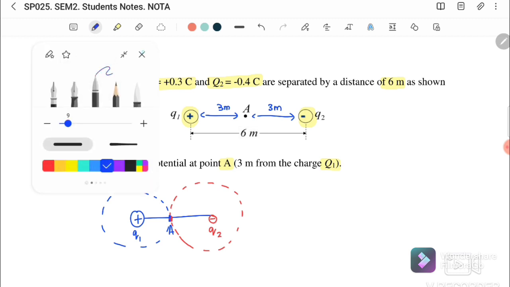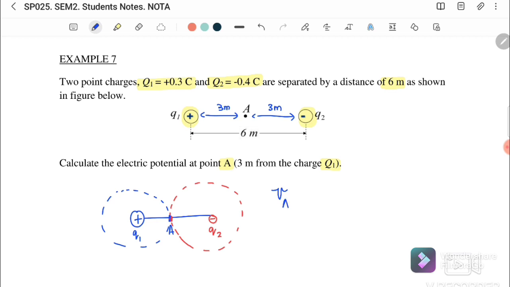We can write V at point A is influenced by V1 plus V2, meaning that there are two point charges that give influence on that point.